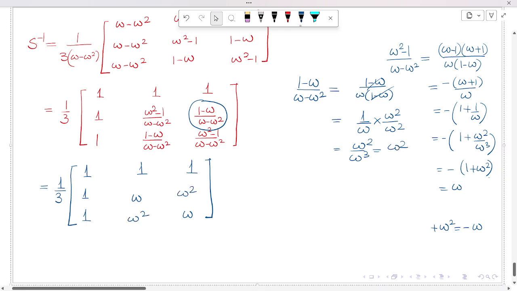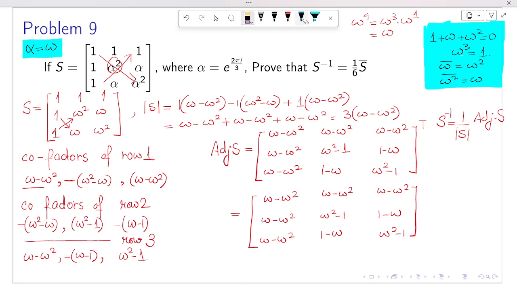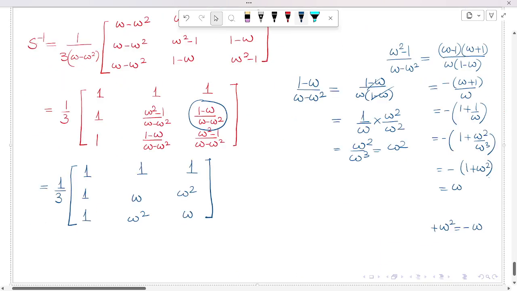Easy. But what we want in the answer is S conjugate. Means the answer should be 1 by 6 times S conjugate, that is 1 1 1 1 alpha square conjugate, alpha conjugate 1, alpha conjugate and alpha square conjugate. Okay. Now we know omega is equal to omega square conjugate.